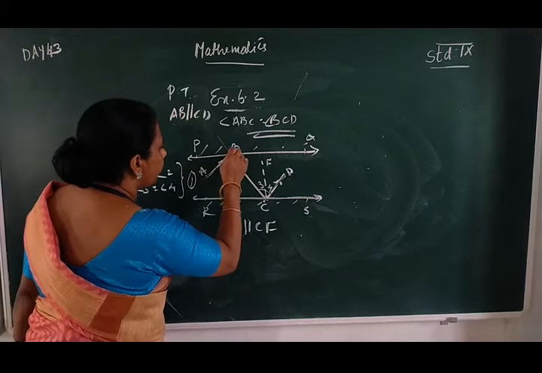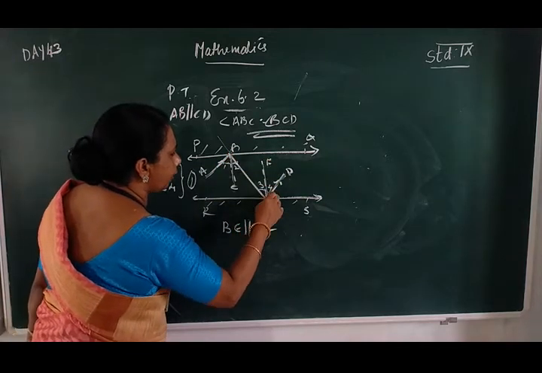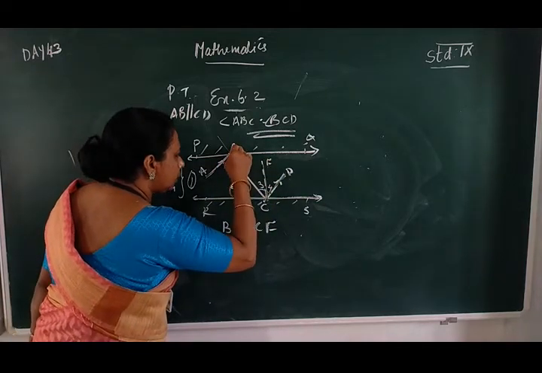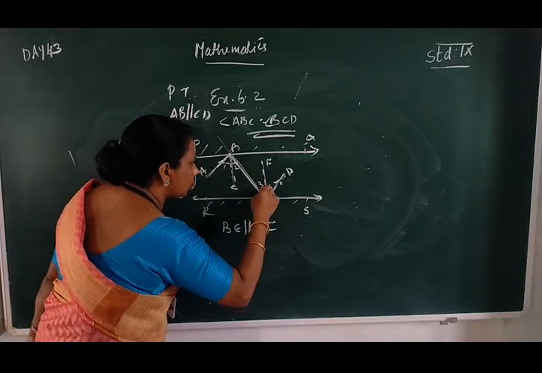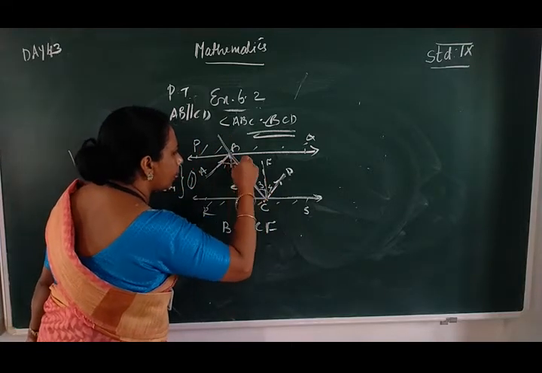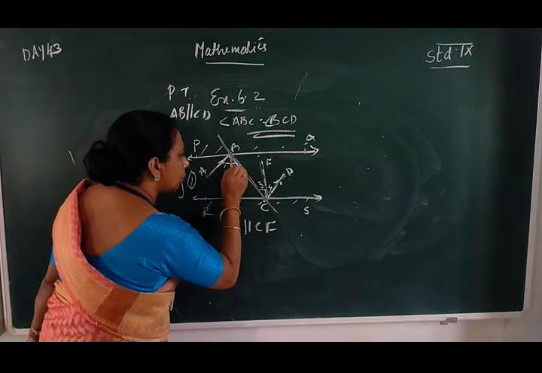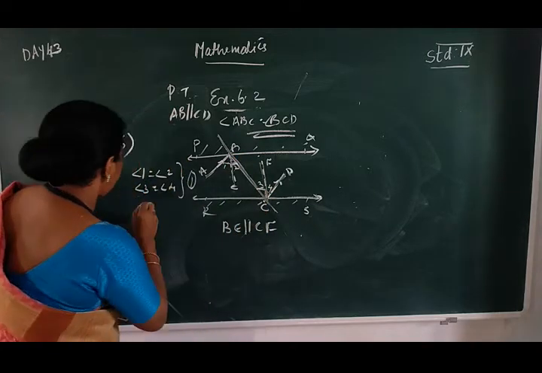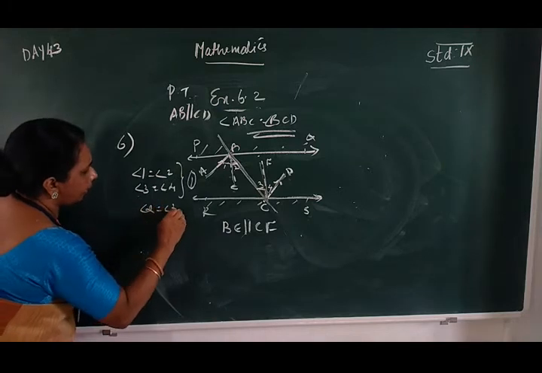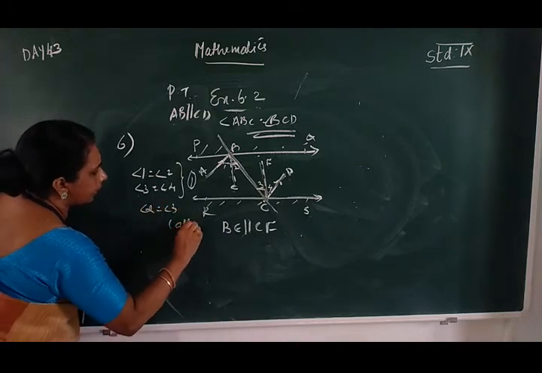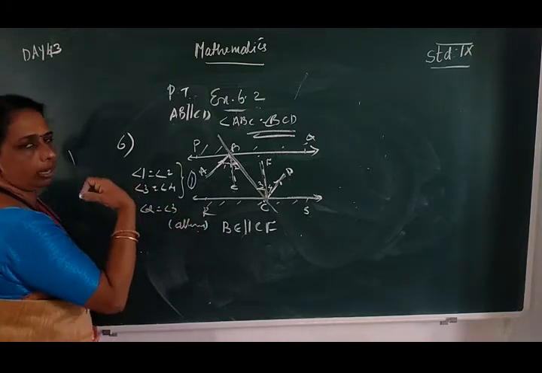Here we have drawn BE parallel to CF, and BC is a transversal. These two are parallel and this is a transversal, so these two are alternate interior angles and they are equal.